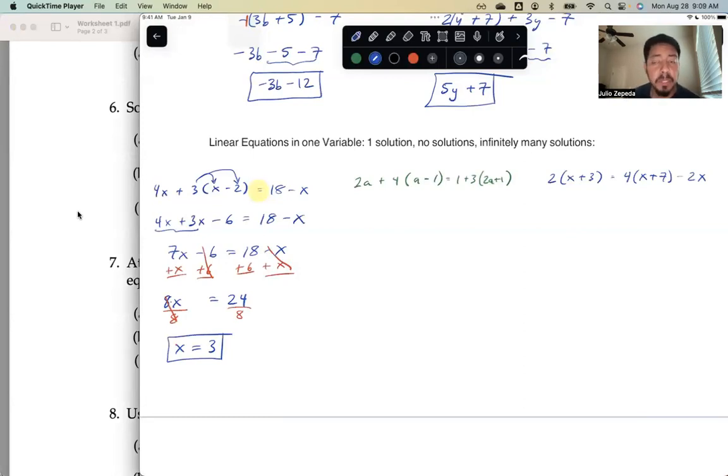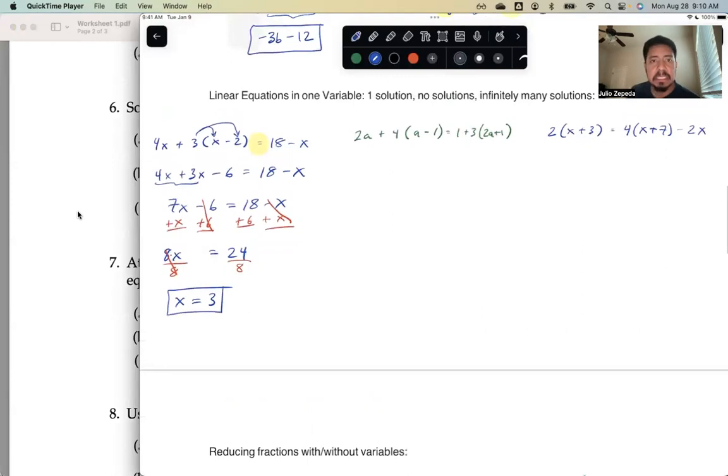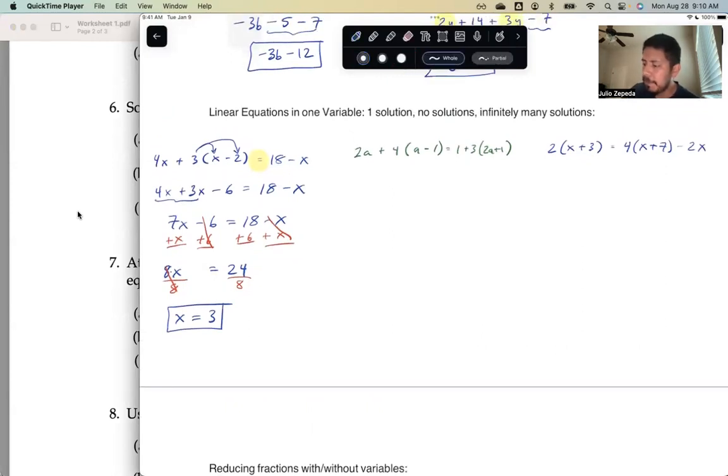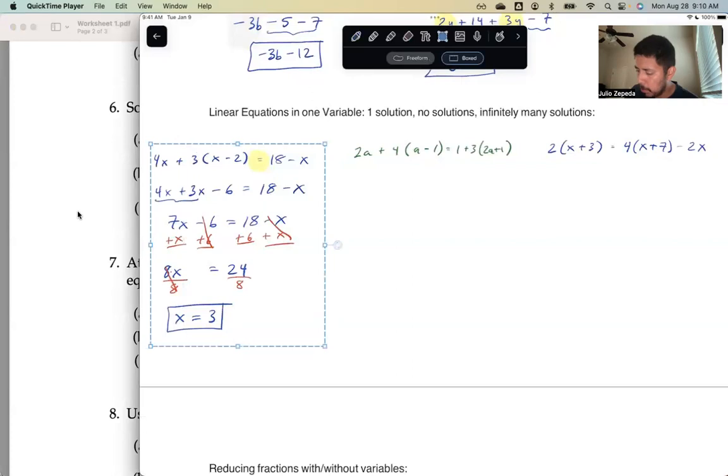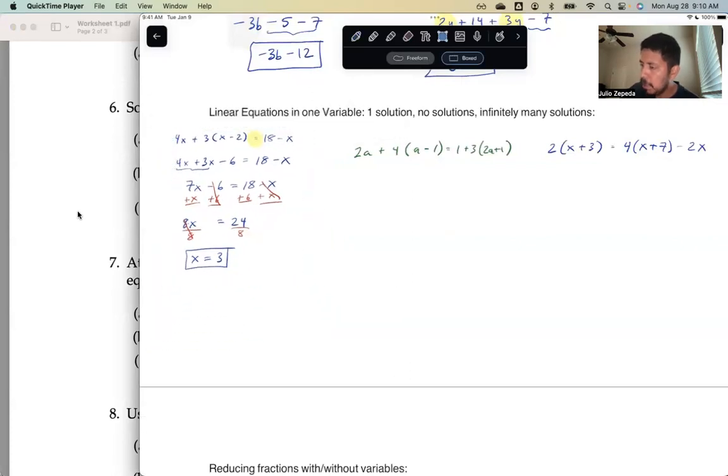Okay. So x equals 3 would be the number that if I plugged into this equation, I would get a true statement. Let me take just a moment to talk about that. If I take my original equation, x plus 3 times x minus 2 equals 18 minus x, what could x be?